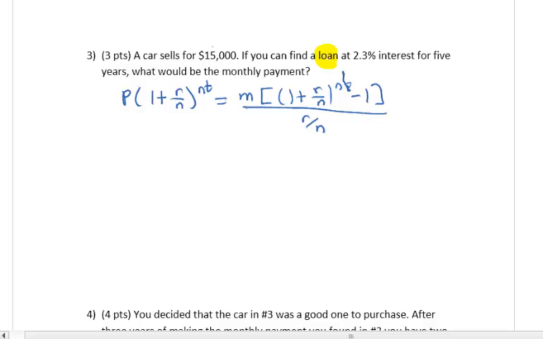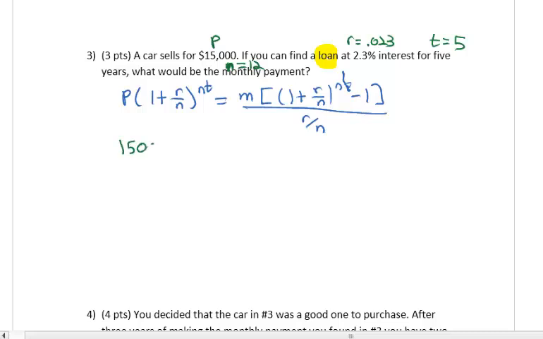The $15,000, that's the present value of the loan. It is going to be at an interest rate of 0.023 for a time of 5 years, and we're looking for the monthly payment, so n equals 12.